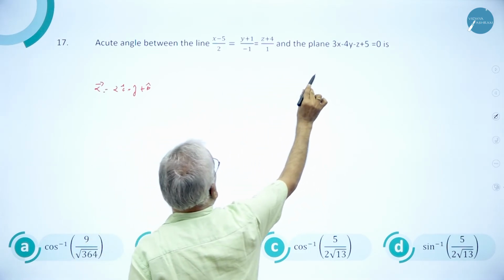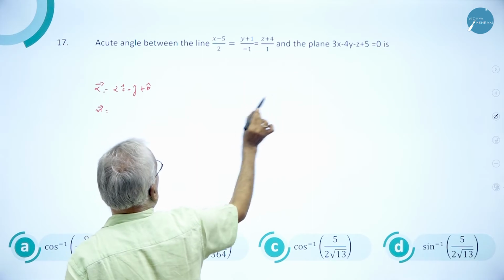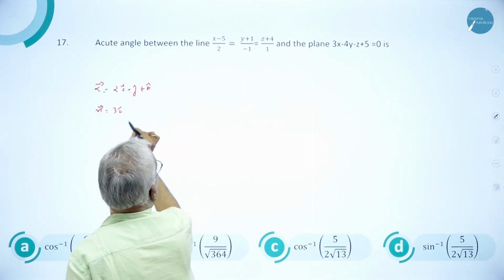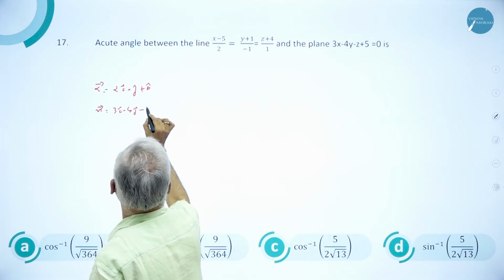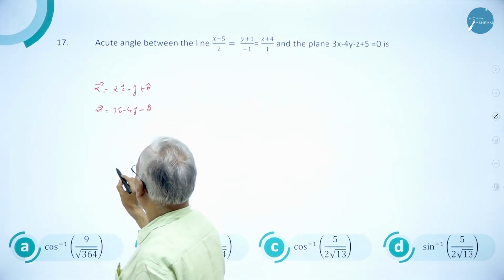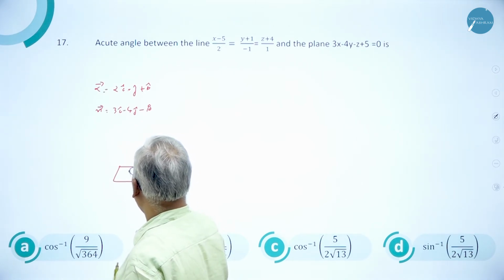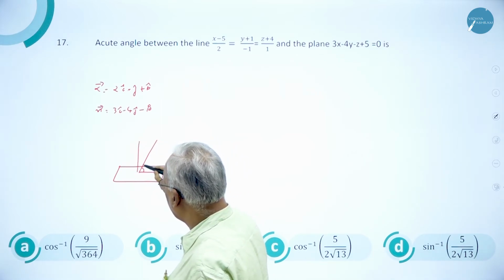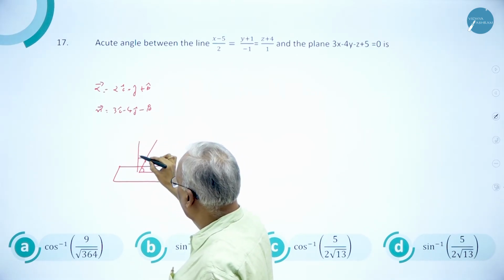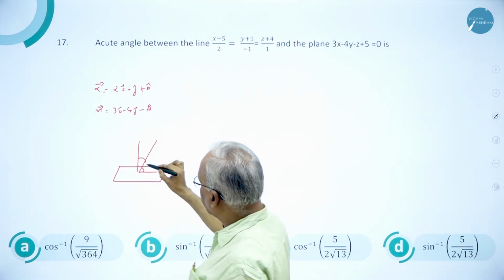And vector normal to the plane is given by n equal to 3i minus 4j minus k. So you have a plane and a line. This is the angle required, but you can find out this angle between line and the normal.